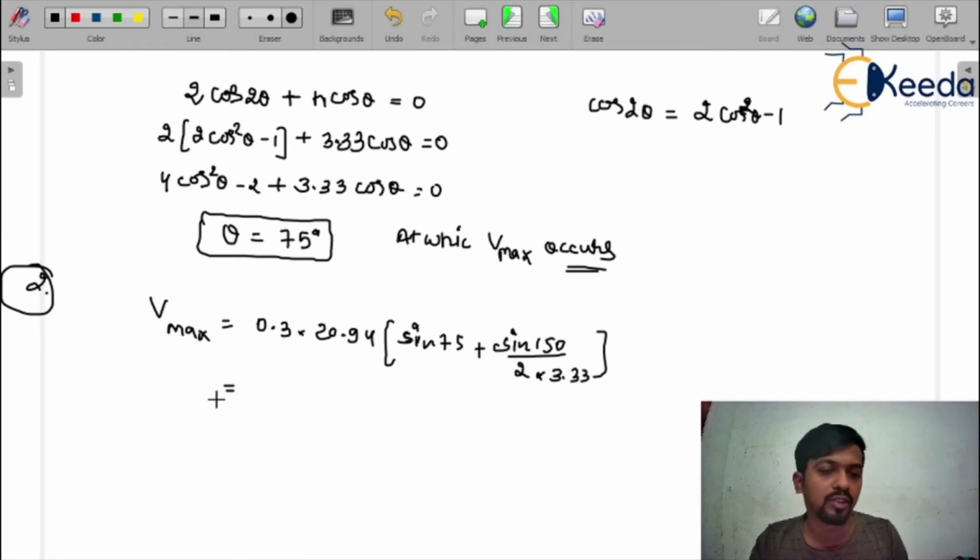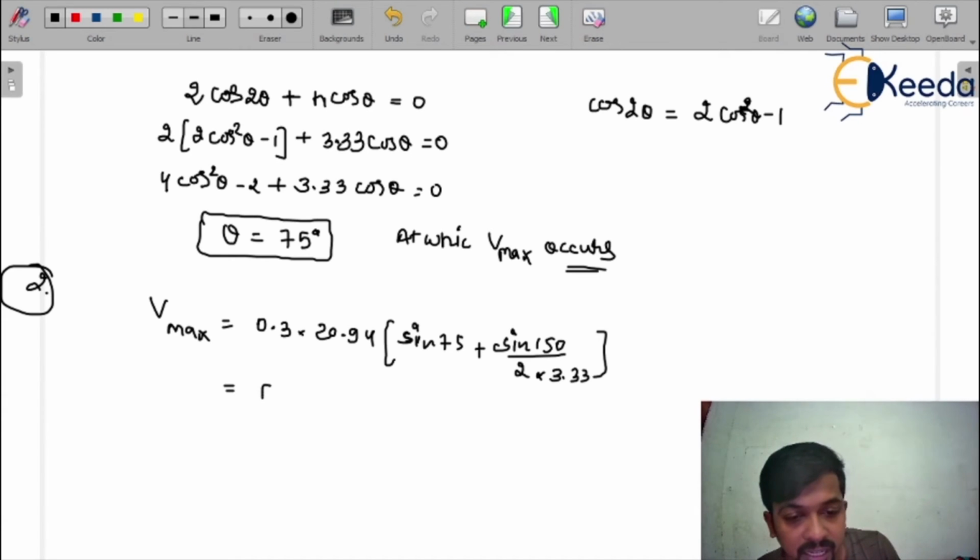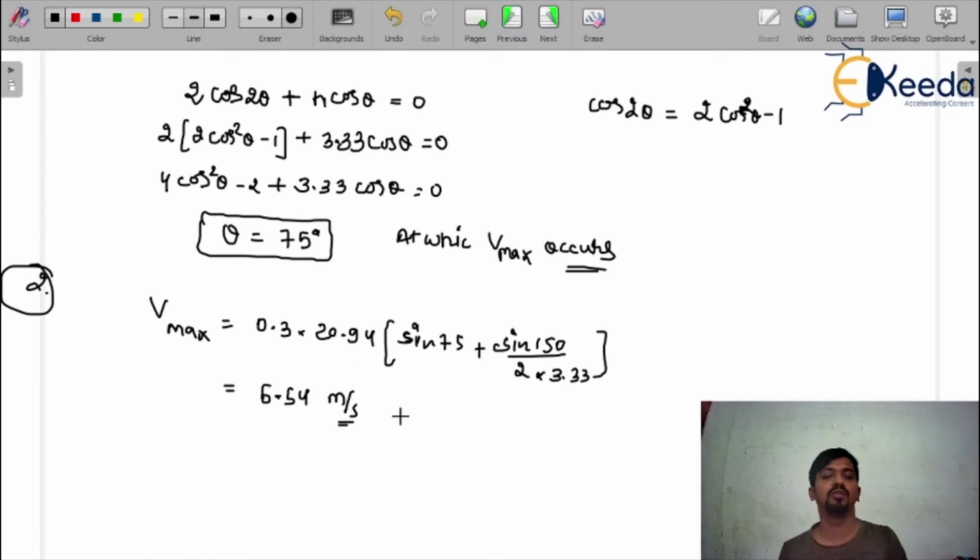When you solve this using a calculator, you will get V maximum, that is 6.54 meter per second.